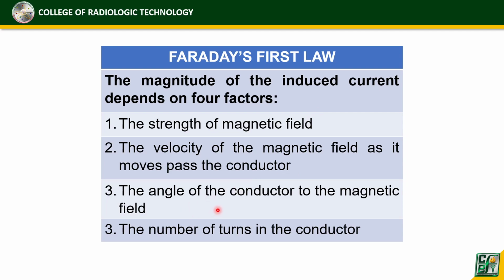The angle of the conductor to the magnetic field. Ano yung angle? Kung siya ba ay maliliit ang coil, malalaki ang coil. And of course, the number of turns in the conductor. Kung ilan yung paikot niyang bilang.